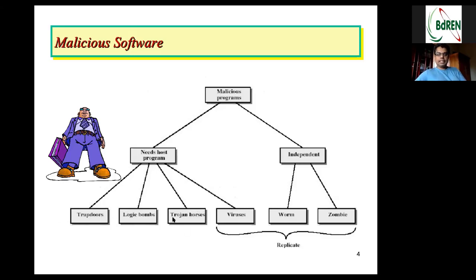Among these three, none of the malicious codes auto-propagate. That means if a Trojan horse is included in one game, that may not automatically infect the other game. If that game is installed by someone else, he might get the Trojan horse, but it does not spread from one host program to another. They stay with the infected software only.